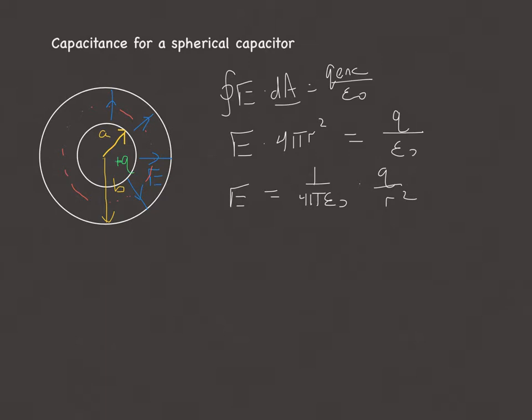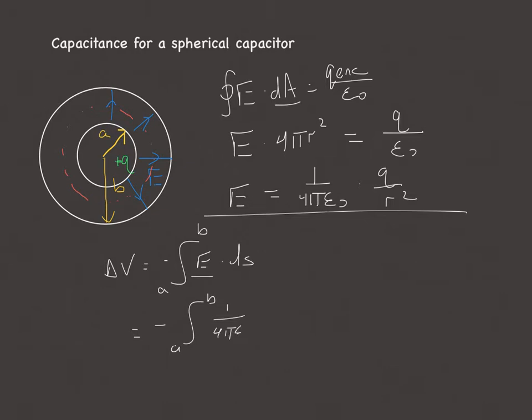Now from here, we need to calculate the electric potential. We needed the field to figure out the potential. So the potential difference is the negative integral of E dot ds, and we're going to go from point A to point B. For this, we're going to substitute the value of our electric field into that integral and pull out all the constants.